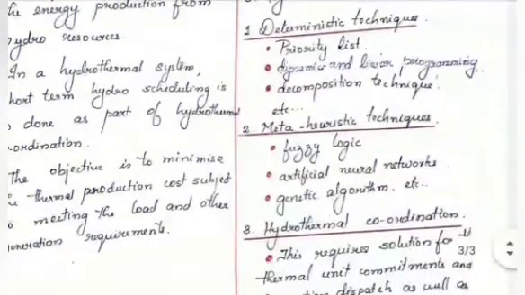The first one is the deterministic technique, in which different methods like priority list, dynamic and linear programming methods are used, as well as the decomposition technique. There are several other methods also used in the deterministic technique. We are not going into further explanation of each of them. You just have to study which methods are used.